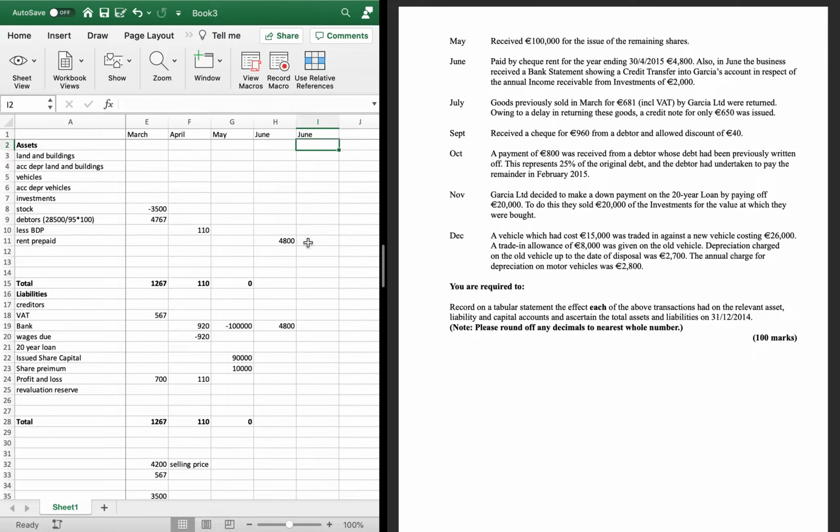So the second part is you've got a credit transfer in respect of the annual investment income from investments of 2,000. So you've got your investment income. So your bank overdraft will go down by 2,000. Okay. And then investment income, what's that do to your profit? It increases your profit.